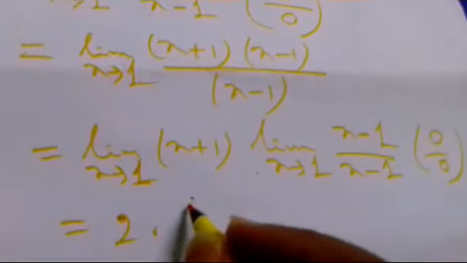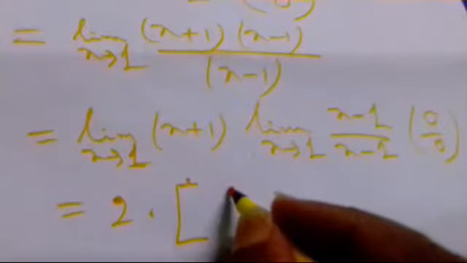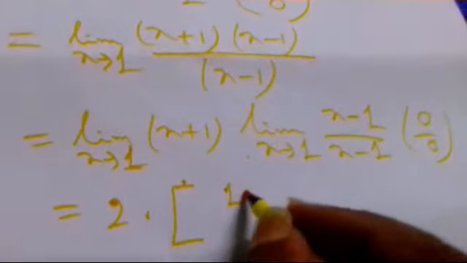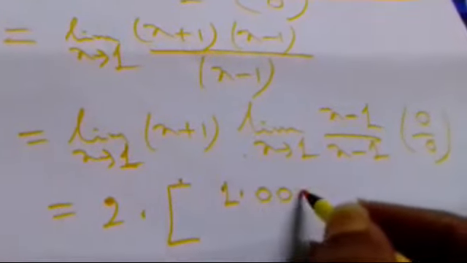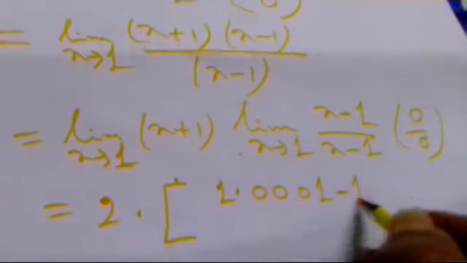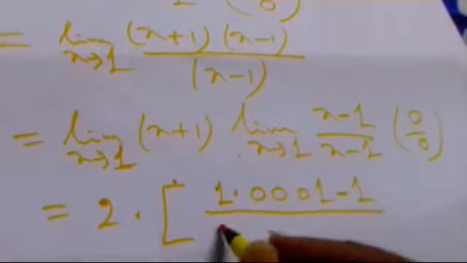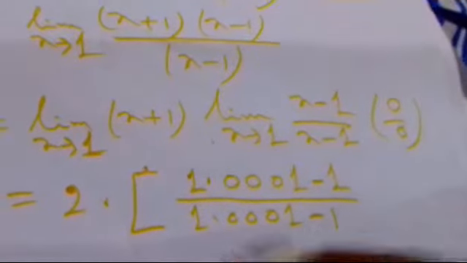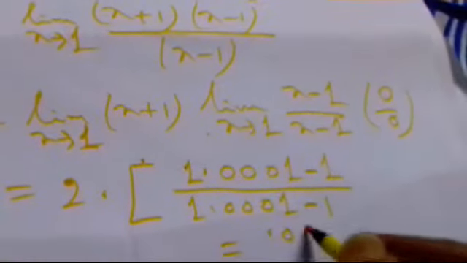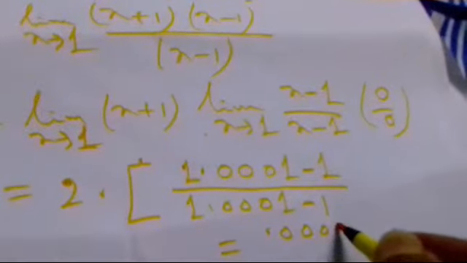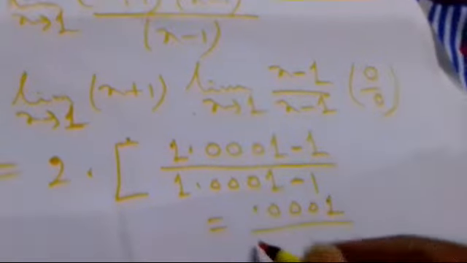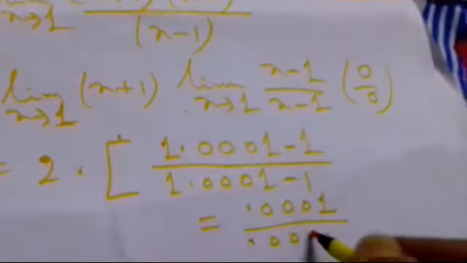Now what happens if we observe it in a finite way, in the neighborhood of 1? Suppose we choose x as 1.0001 minus 1, and another such value. What will be its result? That is 0.0001, and here also 0.0001.